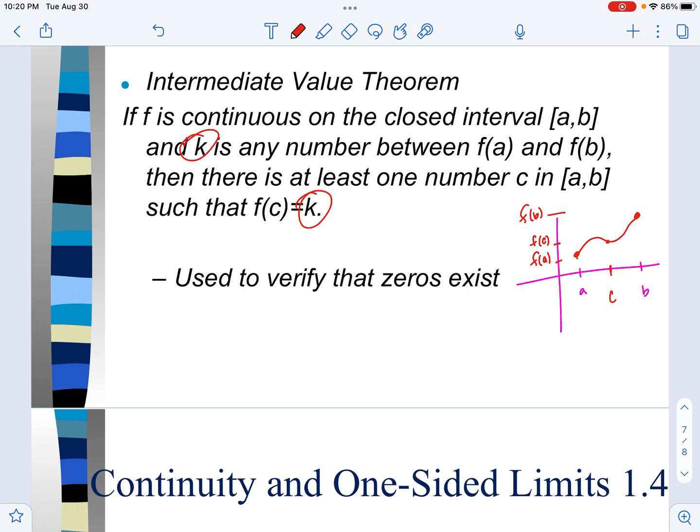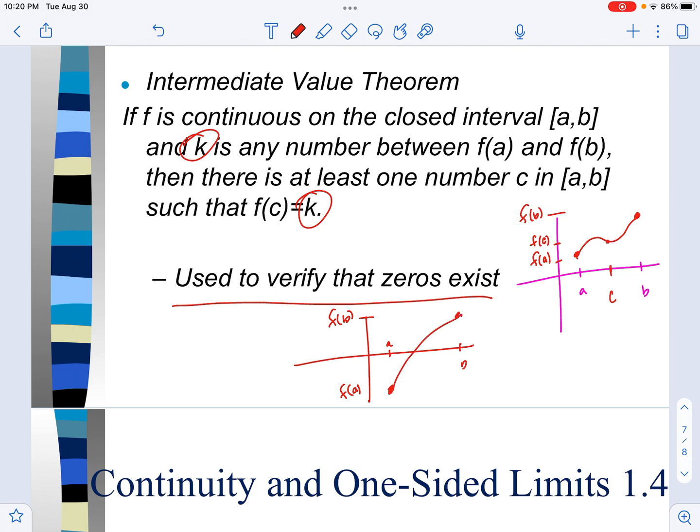What is this used for? Why is this important? This is actually used to help verify that zeros exist. So what would that mean? So let's think about it in terms of that. What if our f of a is down here and our f of b is up here? So here is our a and here's our b. So here's my function.